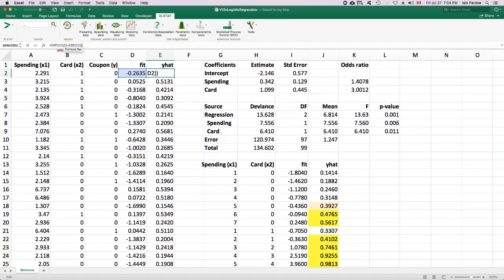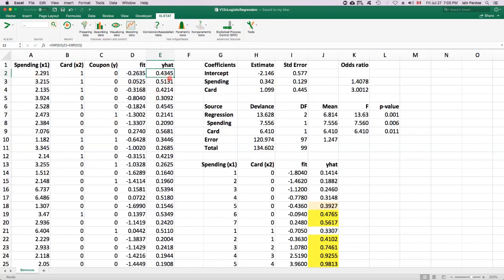And what this transformation does is it turns this number into a number that we can interpret as a probability. So it's a number that is bounded between 0 and 1, and it represents the probability that we're modeling, which tells us how likely it is that a customer with these particular characteristics for X1 and X2 will use the coupon based on the sample data.